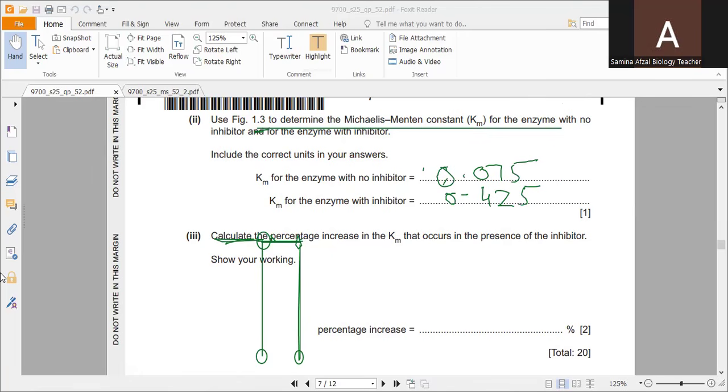Now the question is, calculate the percentage increase.